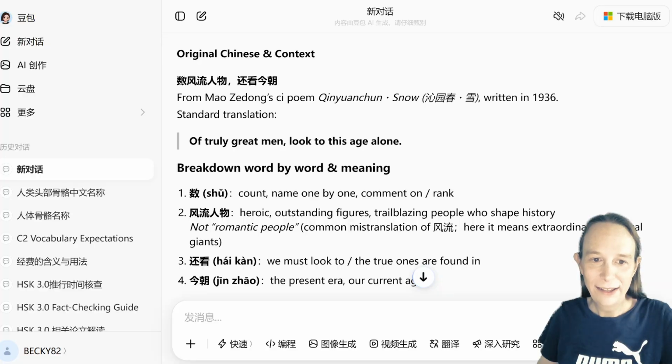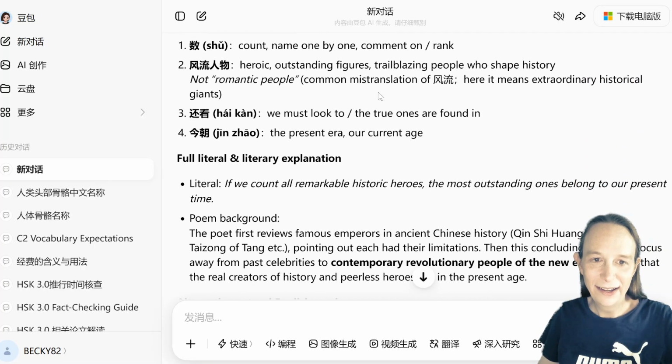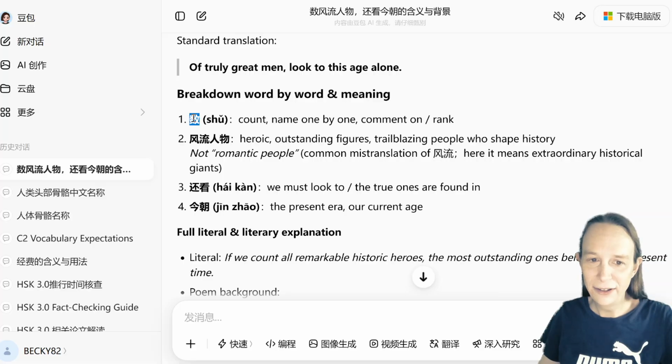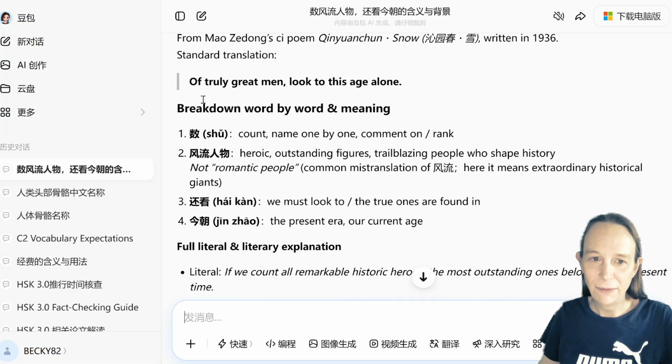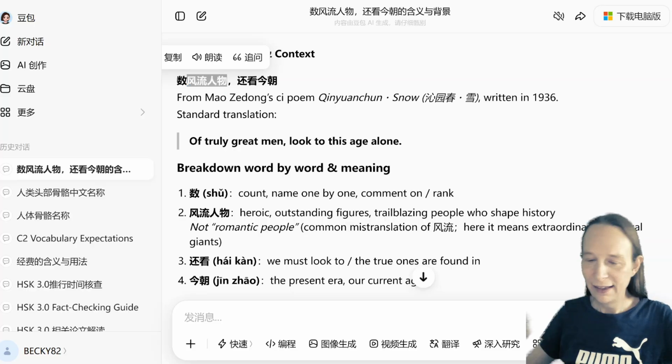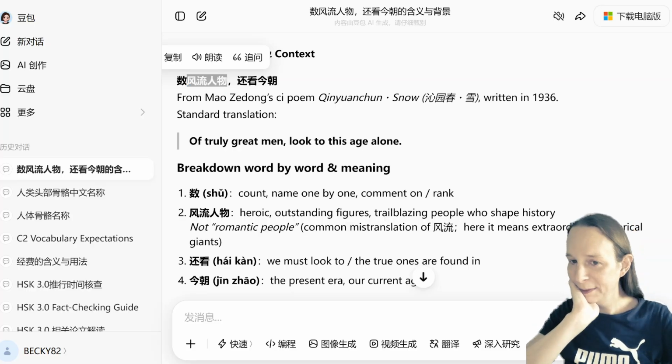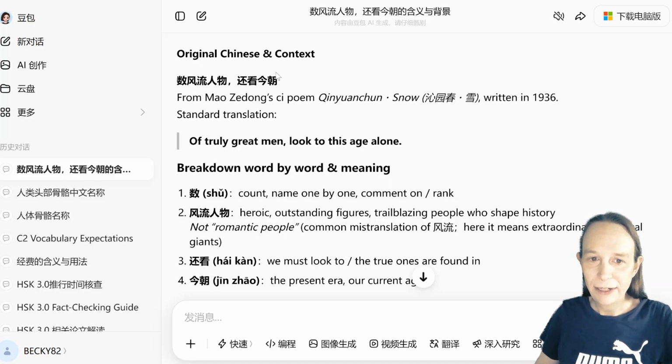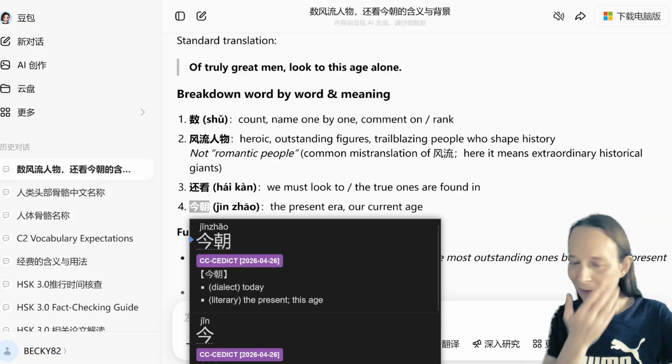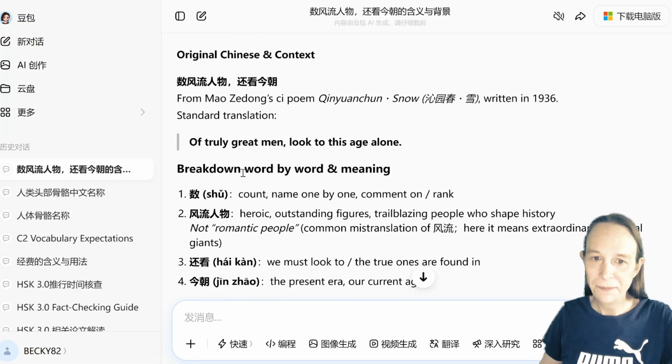Okay. So 树风流人物还看金朝. Okay, so 树. Okay, so third tone, is it? So when enumerating so excellent people, we should look. So 金朝, is it 金朝? We should look to the present.